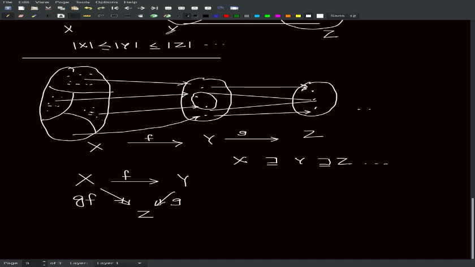So let's take an example that we have seen, for instance. Say from reals to minus 1, 1. This very well-known map.